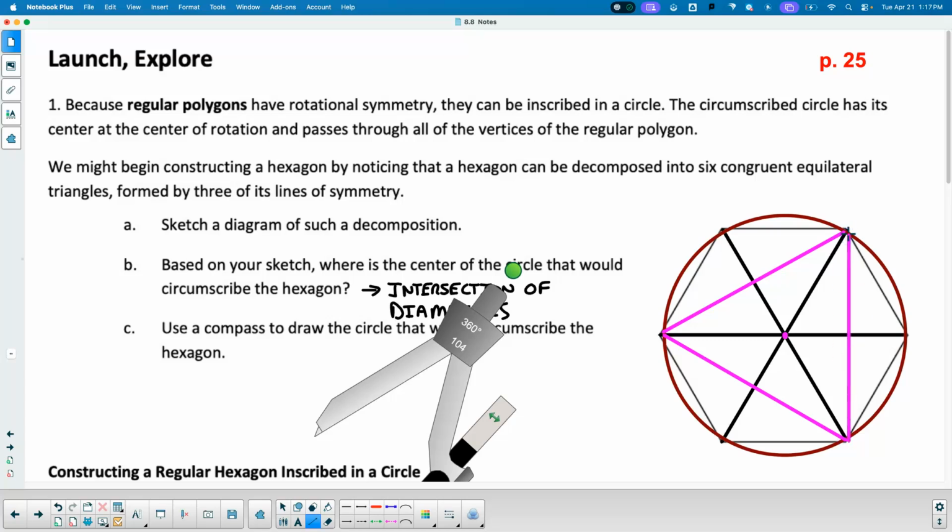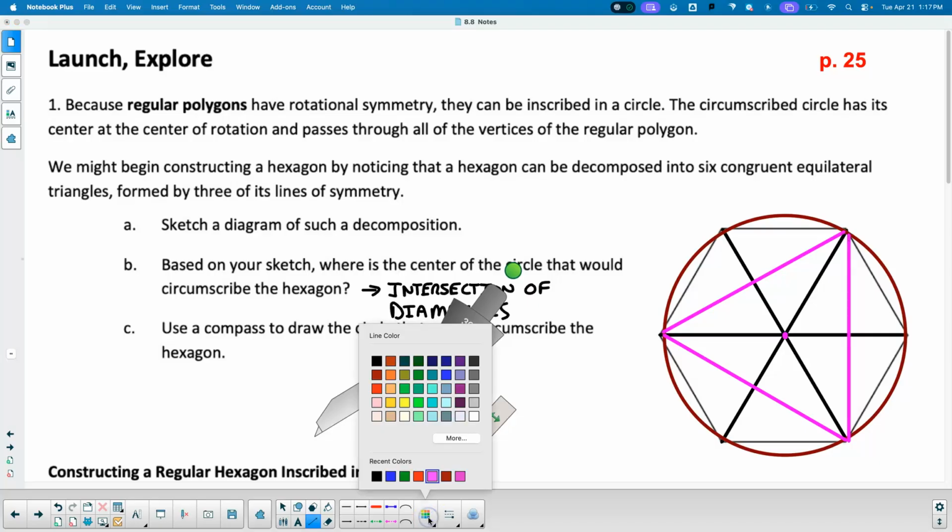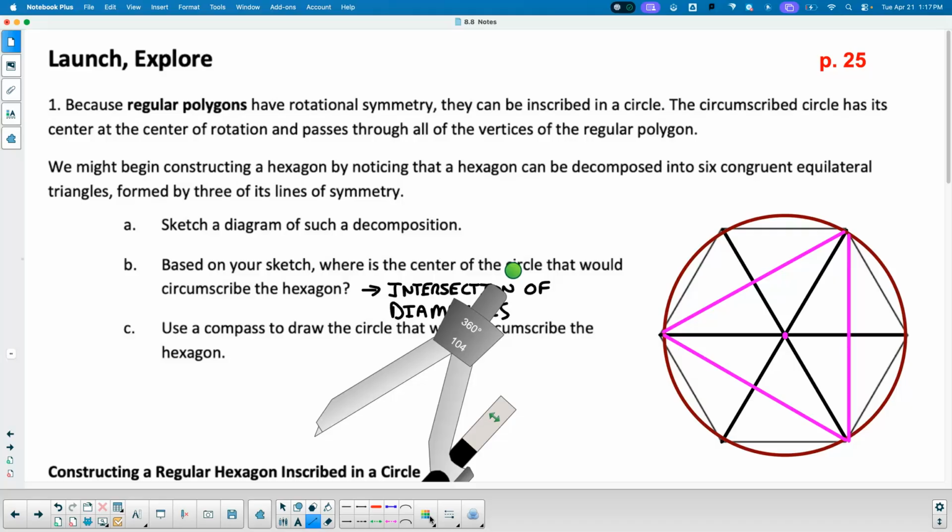There's one equilateral triangle, and there's the other equilateral triangle. Okay? Which is all of the diagonals then of a hexagon.